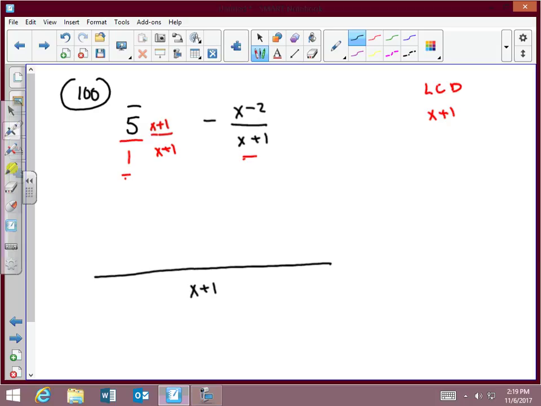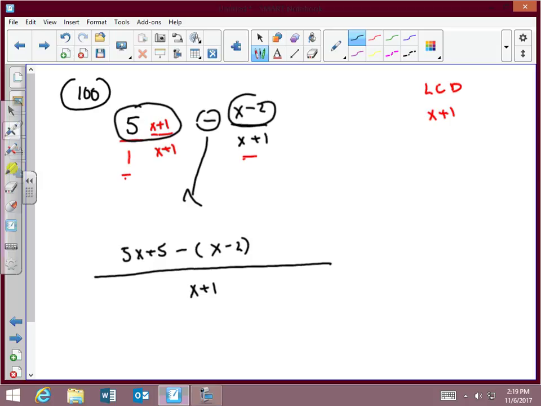Now this one says 5 times x plus 1, so that's 5x plus 5. This minus sign comes down. Whenever you do that, if there's a bracketed term, which there is, better bracket it to make sure you don't lose signs, right?